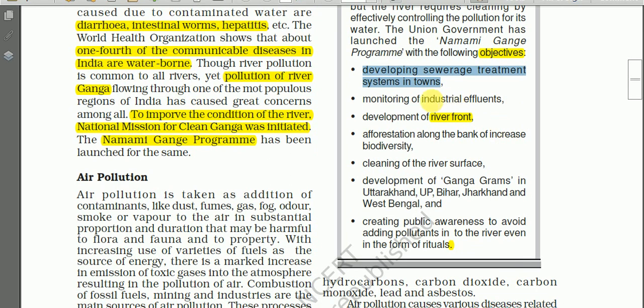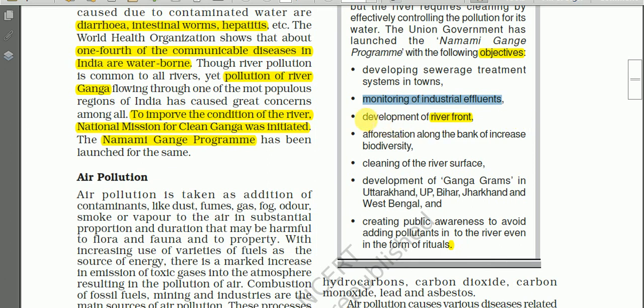The second one is monitoring of industrial effluents. Industrial effluent means all the toxic waste water or solid waste materials released from industries. It must be monitored carefully, so as not to be discharged into the Ganga river, or it must be treated.